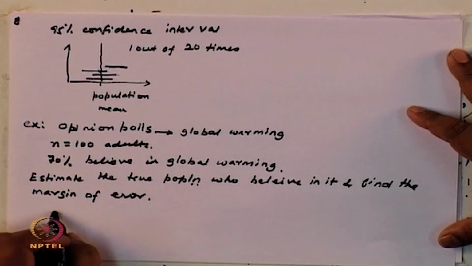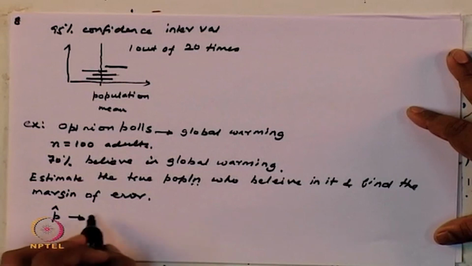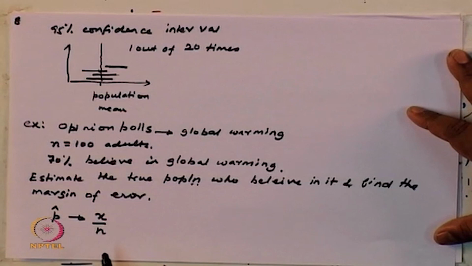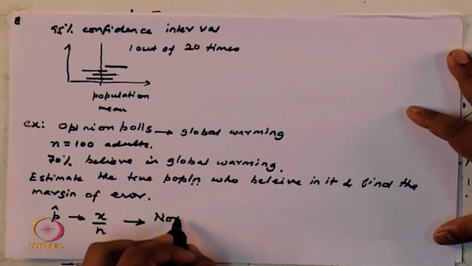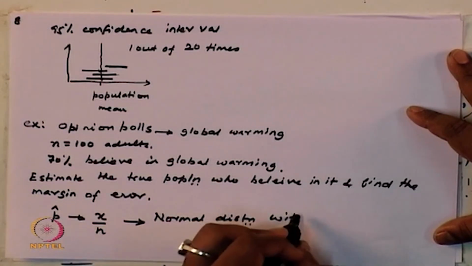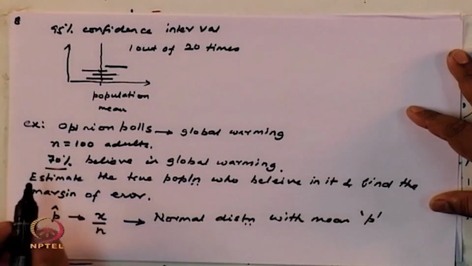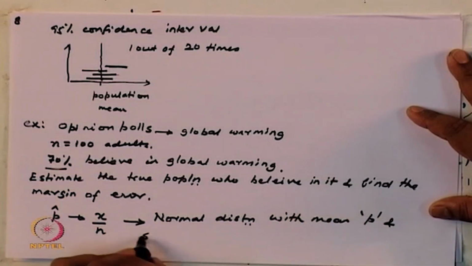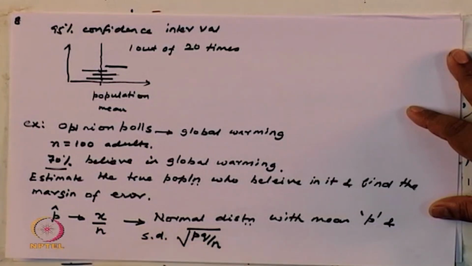Here you are talking about the proportion. For proportion, this follows a normal distribution. The proportion is the number of people out of a population who believe in it. So P, the proportion, follows a normal distribution with mean P, which is given in our case to be 70%, and standard deviation root of PQ by n, where n is your sample size.